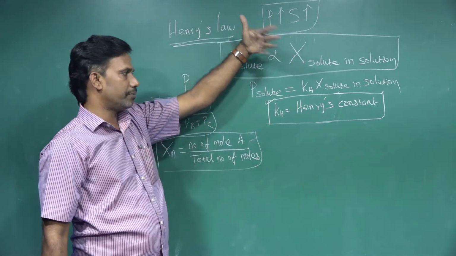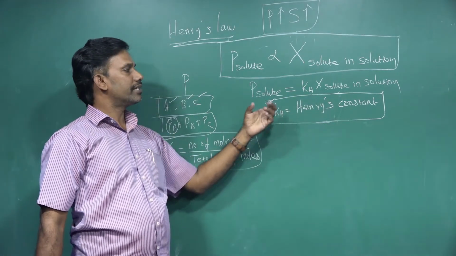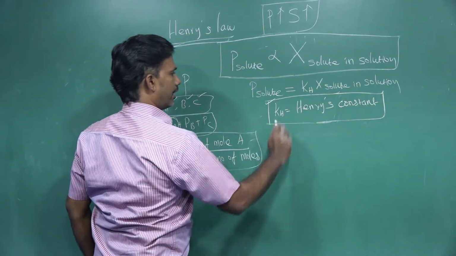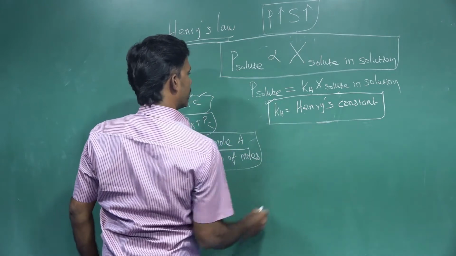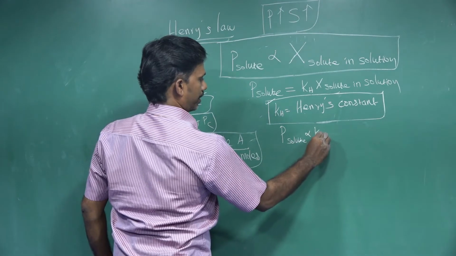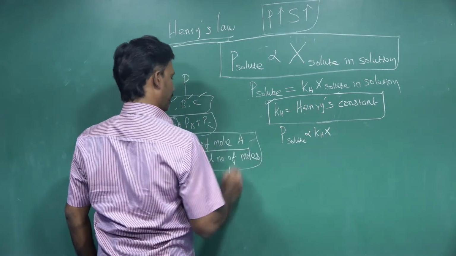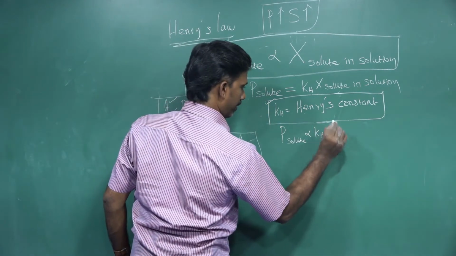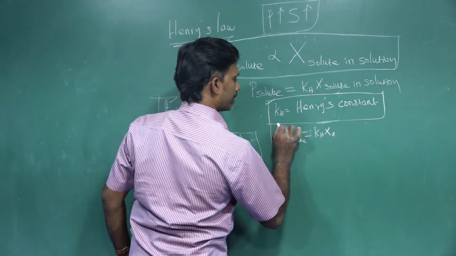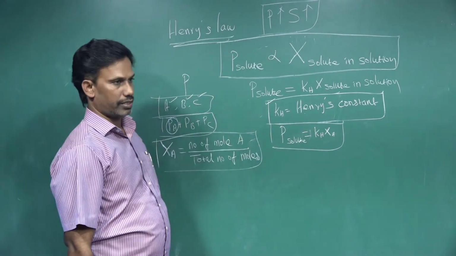H stands for Henry's. So the formula is: the pressure of the solute equals KH into mole fraction X. For X, if you take A as the solute, it is XA, or XB like this. This is the equation: pressure of the solute equals KH into XA. KH is Henry's constant.